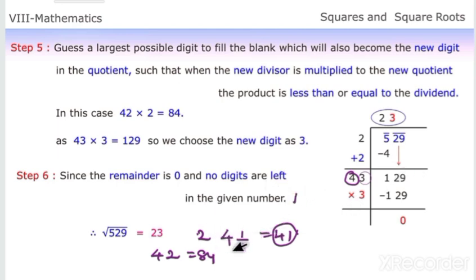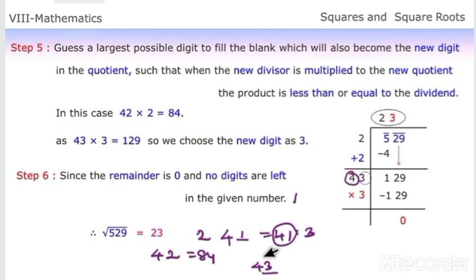If the product is more than 129 we cannot choose it, but if it is very close to 129, that can be chosen. So further, you put 3 next to the 4, and keep the 3 in the quotient part.